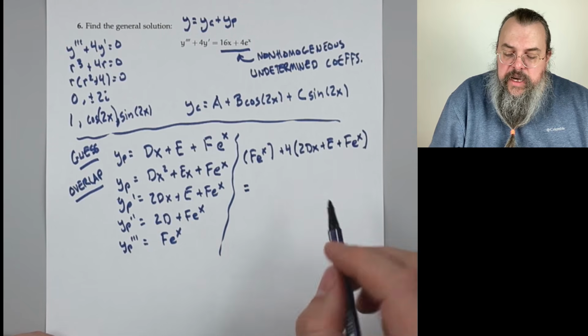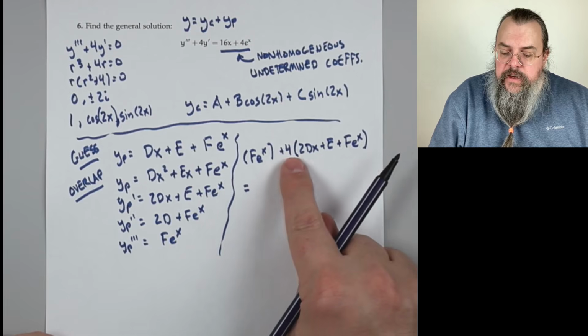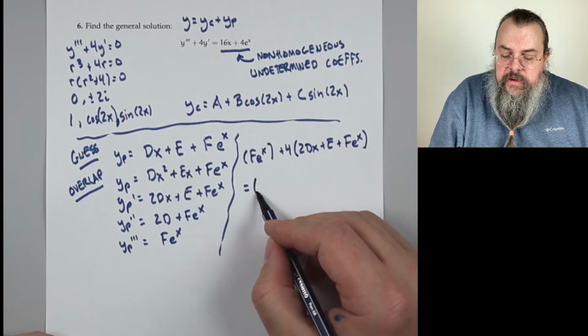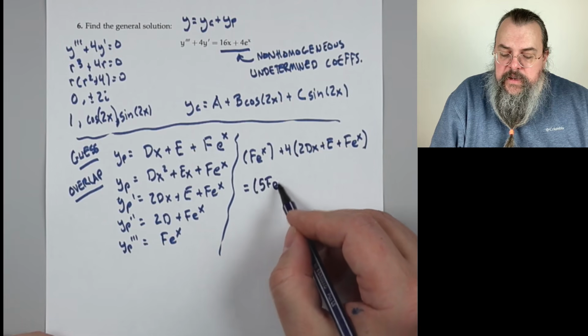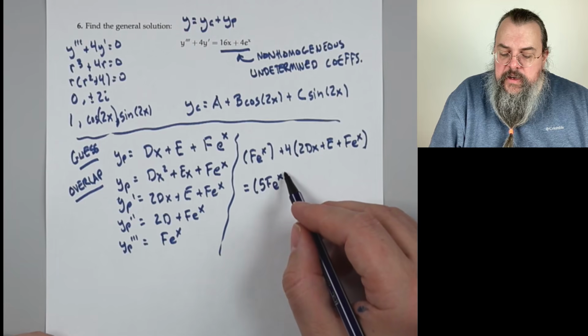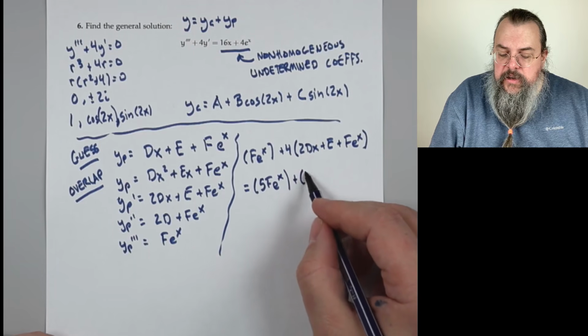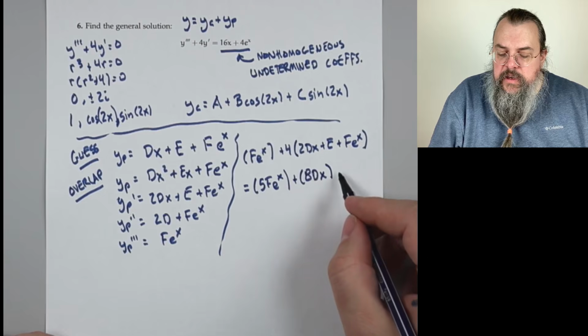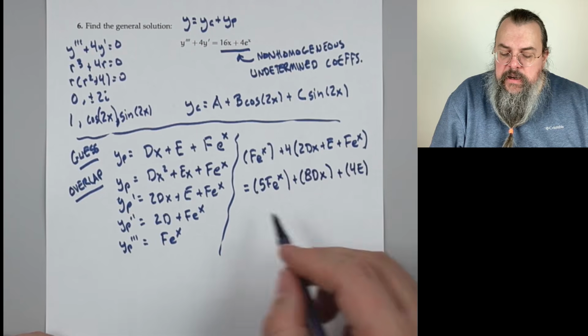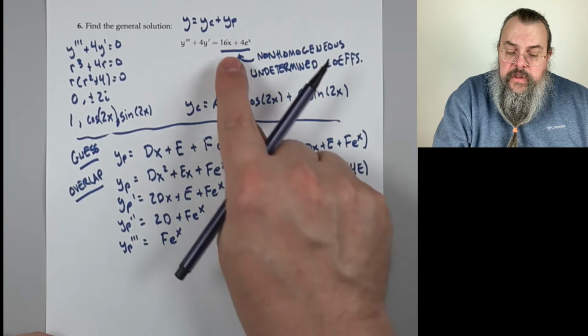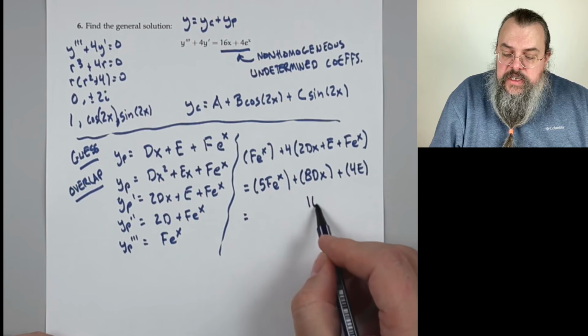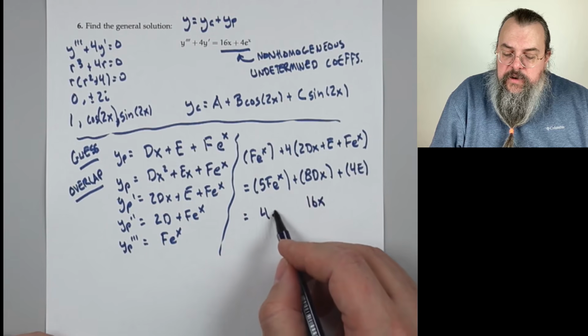Well, okay, let's gather. There's an f and 4f. Well, that makes 5f e to the x. And then we have 8dx, and we have 4e. Now, what's the key? This needs to equal 16x and 4e to the x.